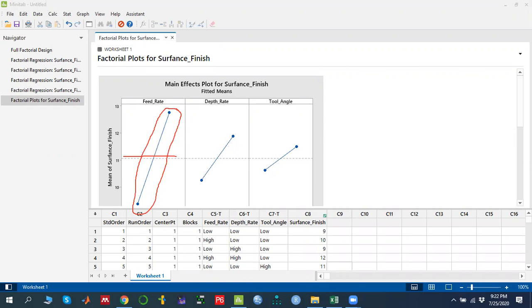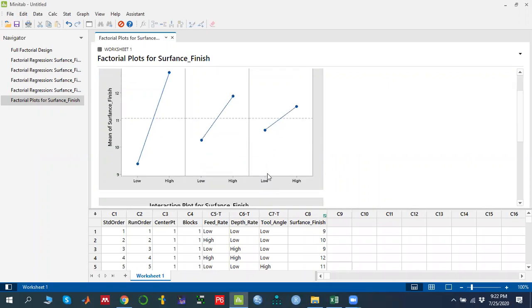Which means if I am moving my feed rate from low to high, is there a significant effect on the average surface finish or not? From a graphical perspective, it might be possible that all three factors are significant, but you can see that this has more slope compared to these ones. So they might not be significant factors, which we have already seen from the ANOVA table as well as the coded coefficients, that these two factors are not significant.